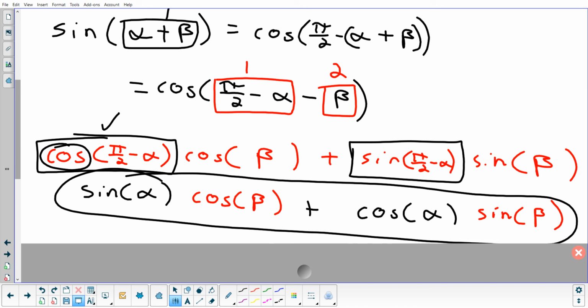Sine, cosine, cosine, sine. The angle still goes 1, 2, 1, 2. You can still do that. The other thing that's different, you had a plus sign inside the parentheses. You have a plus sign when you expand it out. The symbol in the parentheses stays the same this time. You don't make it the opposite.